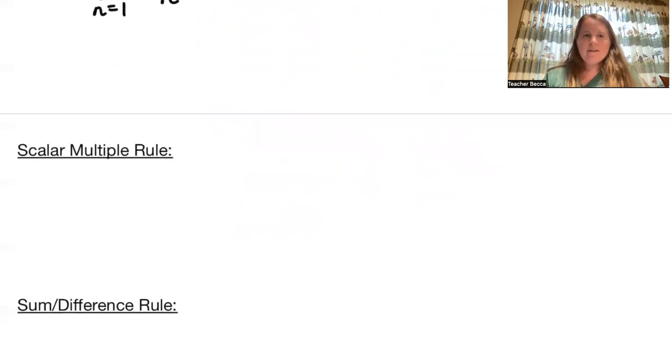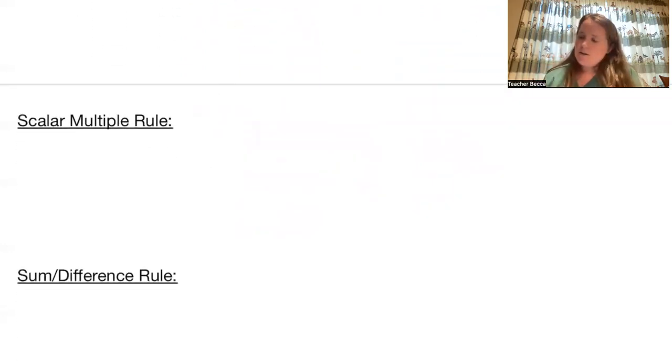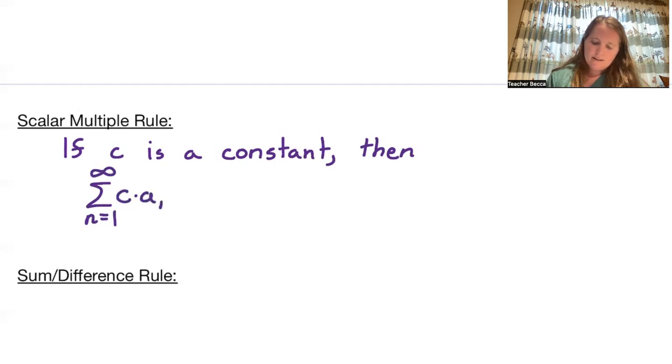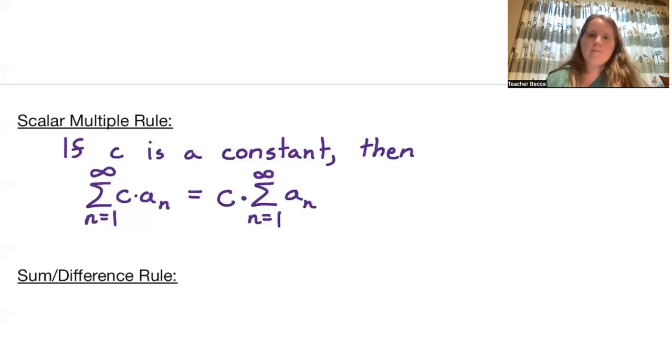All right, so now let's move on to some properties. So the scalar multiple rule says that if C is a constant, then the infinite series, the sum going from n equals 1 to infinity of C times a sub n is exactly the same thing as C times the sum from n equals 1 to infinity of a sub n.